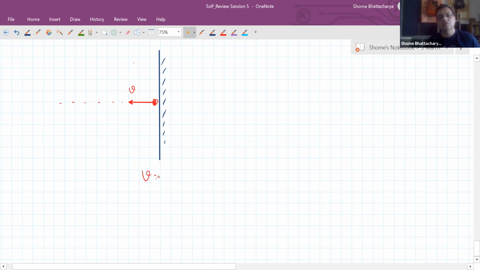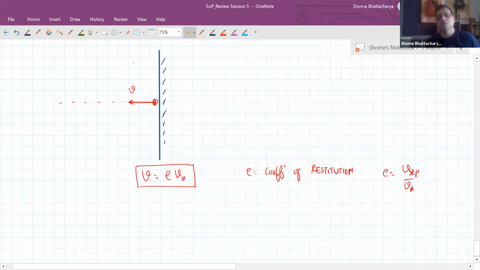We can say that V will become e times V naught, e being the coefficient of restitution. e is equal to the separation velocity with respect to the approach velocity, so that is V upon V naught.